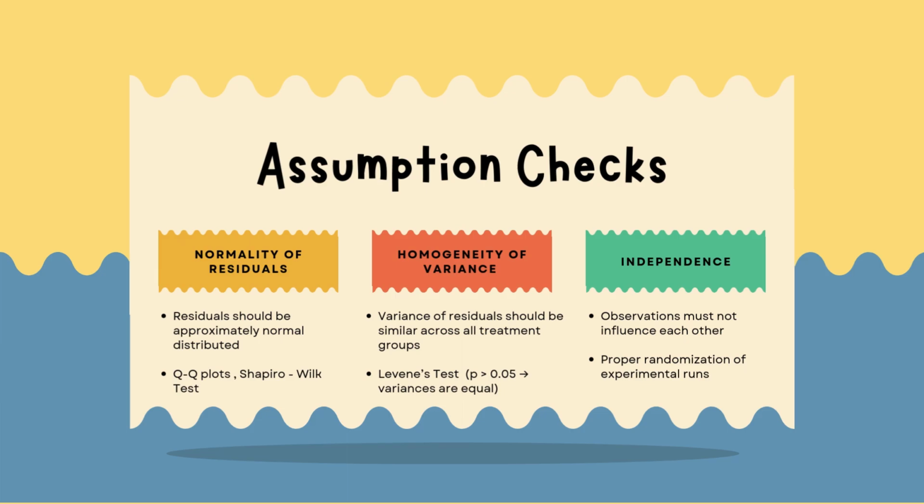This can be assessed using the Levene test. Third, independence. Observations must be independent of each other, meaning that measurements from one experimental unit do not influence another. This is ensured through proper experimental design and randomization. When these assumptions are reasonably met, the two-way ANOVA results are considered valid.